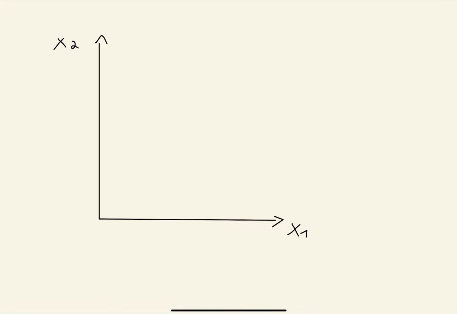So let's simply assume that there are 2 goods, and let's draw a coordinate system and a budget constraint for this. On the x-axis, we have the amount of good 1, and on the y-axis, we have the amount of good 2. This is just an example, so this is question number 4.